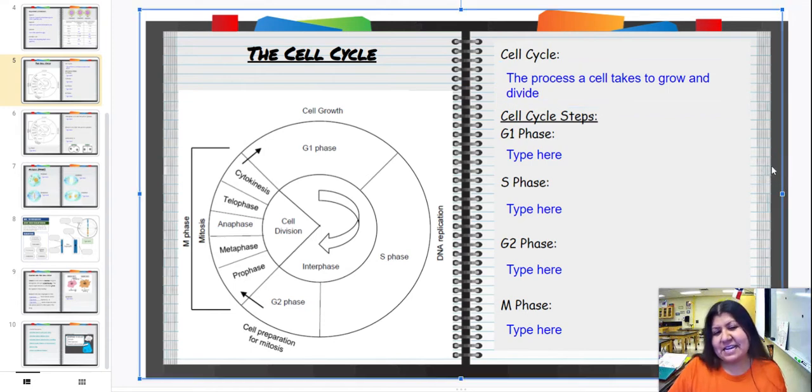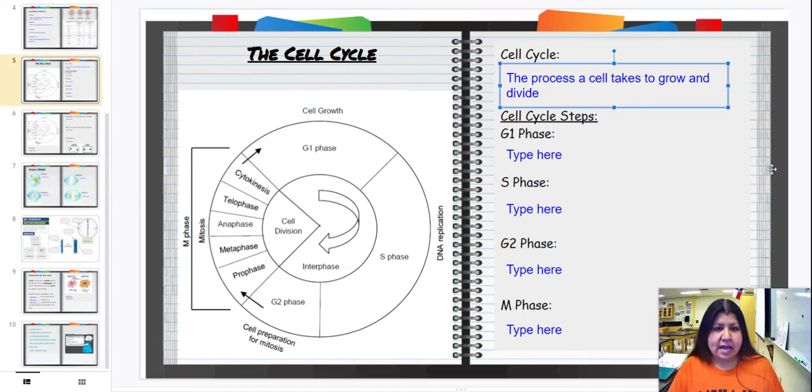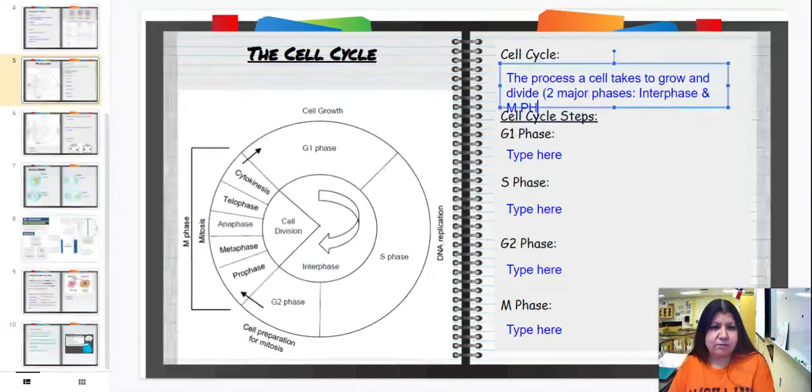Cells need a lot in order to be able to grow and divide. Usually when we're talking about the cell cycle, we have two major phases, called interphase and M phase.